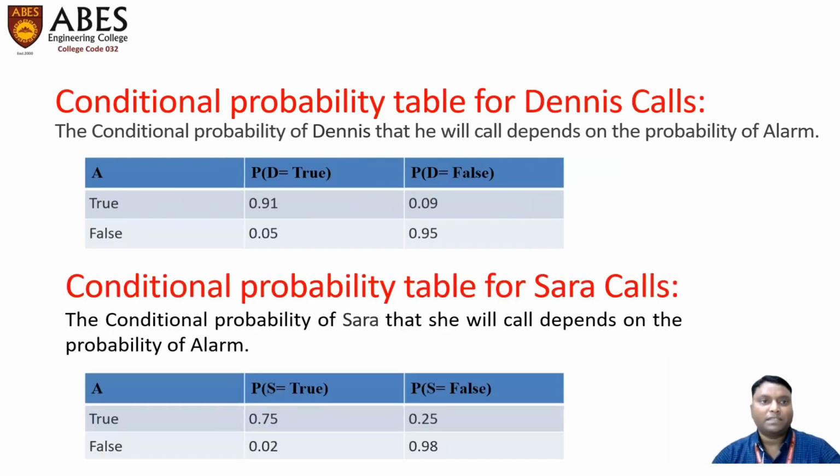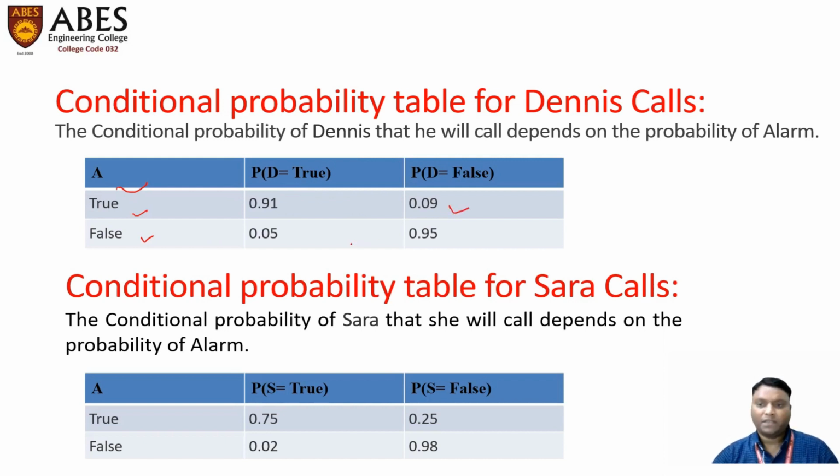Now consider the conditional probability table for Dennis calls. When we look at the conditional probability of Dennis calls, it depends on the probability of alarm. So the given values, if alarm rang, if alarm sounded properly, then there are two things, true and false, and the value associated, Dennis calls if the alarm rang, is 0.91, and if alarm rang and Dennis doesn't call, the probability is given as 0.09.